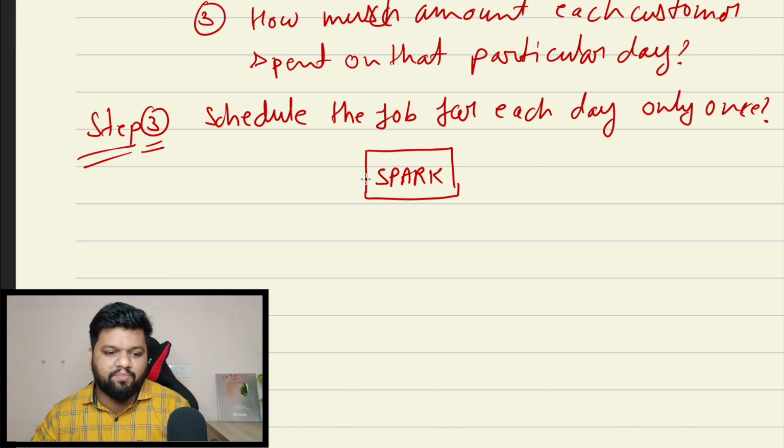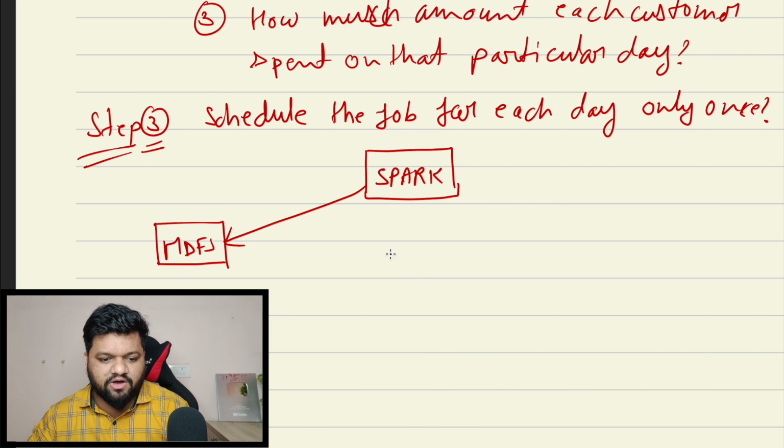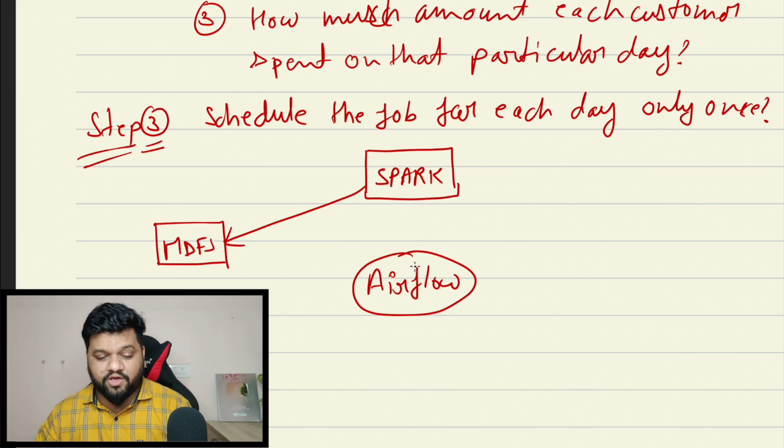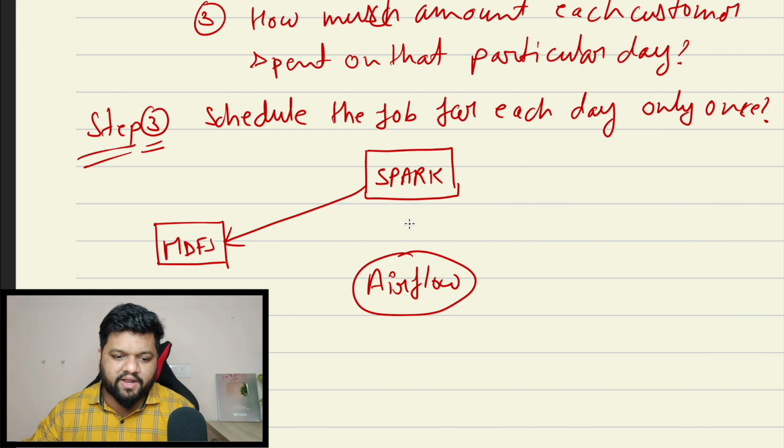So this is our Spark application, and this is our HDFS, where the source data is, and from Spark we will be reading data from the HDFS. But this is our Airflow. Here we will configure the application which we have written, and it will be scheduled. Automatically at 12 p.m. it will trigger itself, and it will see in my command that I need to trigger this Spark application.